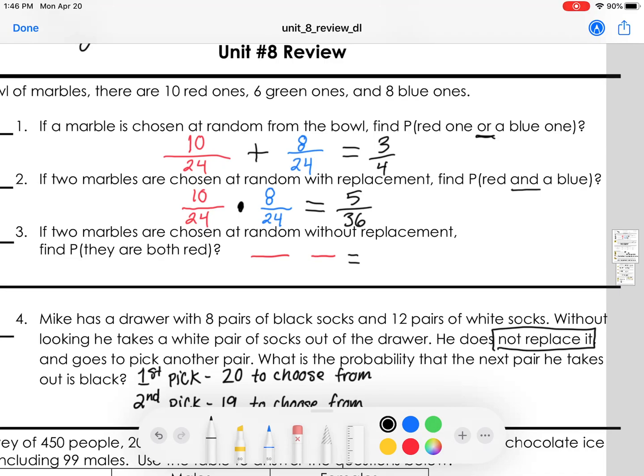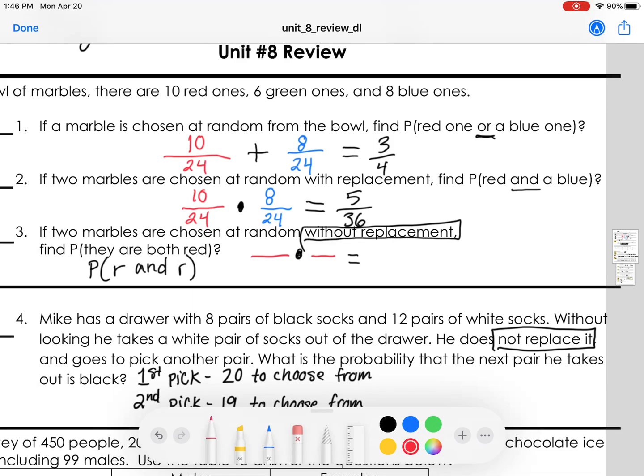Now number 3, it says what's the chance of drawing 2 marbles that are red without replacement. Without replacement means I hold the first draw out. When it says both red, it means I'm finding the probability of red and red. And means multiply, so I put my multiplication symbol there.